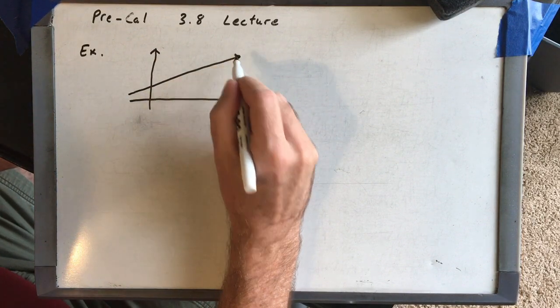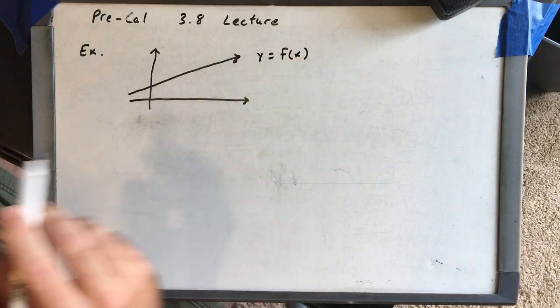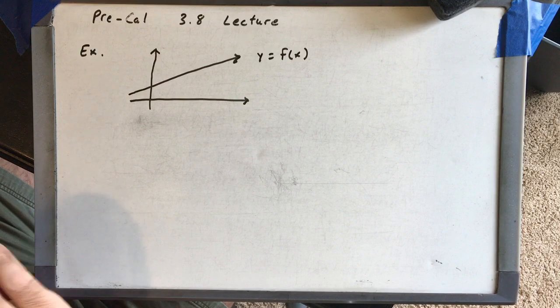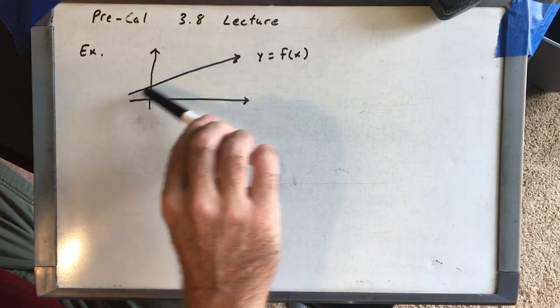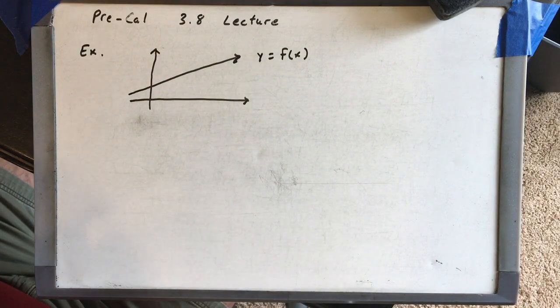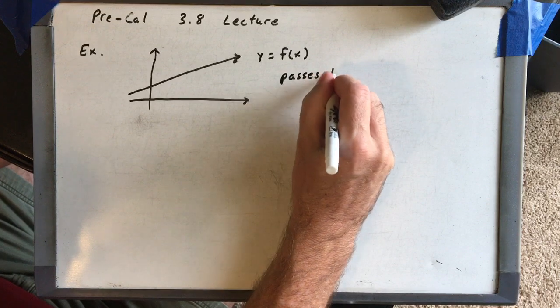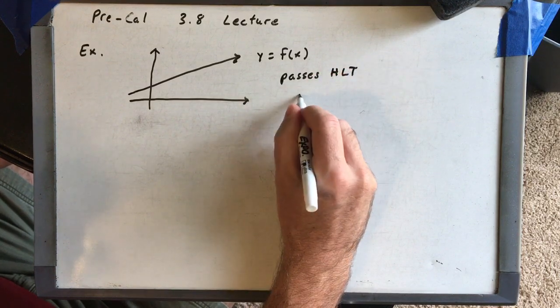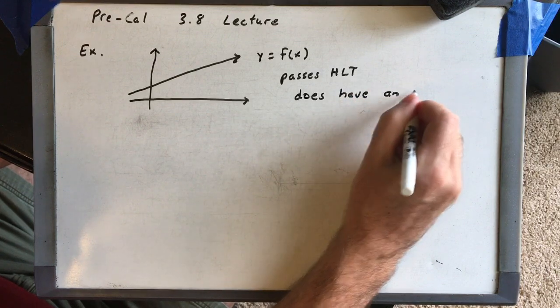All right, let's say you just have a nice line like that, y equals f of x. So does that pass the horizontal line test? Well, yes, it does. A horizontal line pierces that line only one time, so it passes. So it does have an inverse.